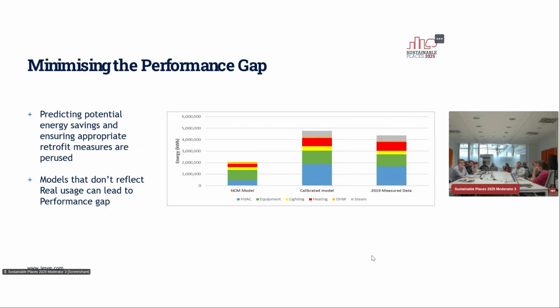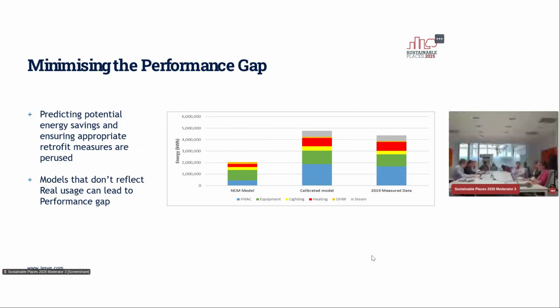So the model actually reflects the real-world demands, and that's what you need to use to choose retrofit solutions, because it enables you to choose options that could have a significant impact on overall energy demand, instead of basing it off the compliance model, where you can see how the HVAC consumption is really tiny compared to what actually is in the building.